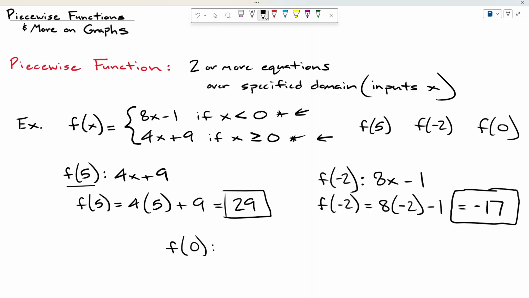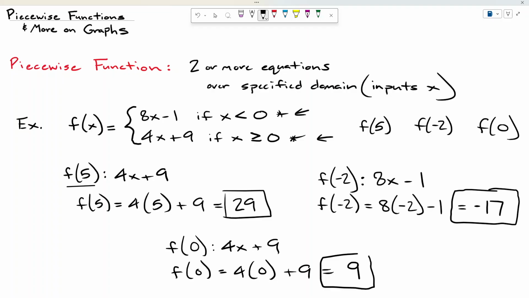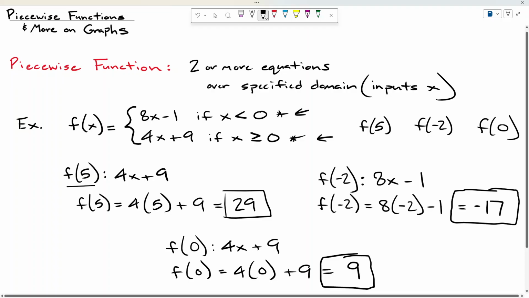So we'll be using the bottom one again for this one. So we have 4 times 0 plus 9. So 4 times 0 is 0, plus 9 is just 9. So f of 0 equals 9.